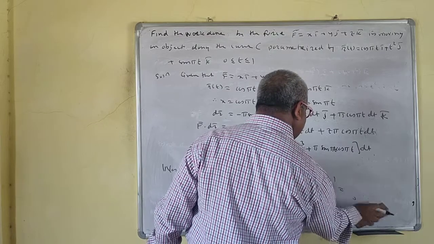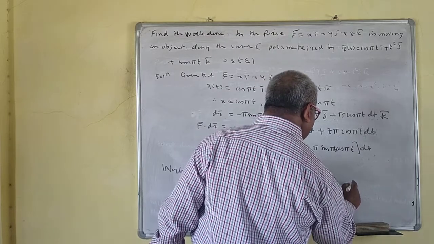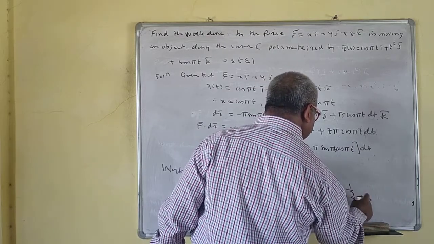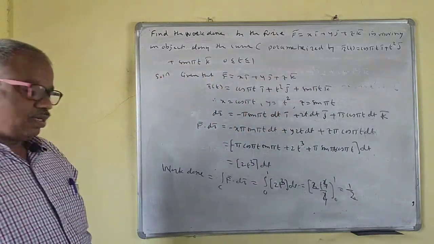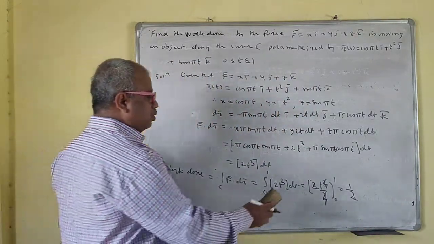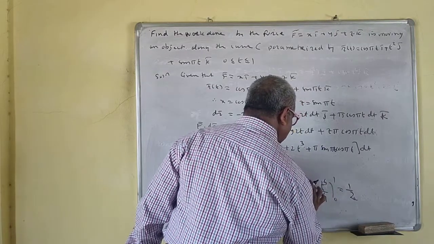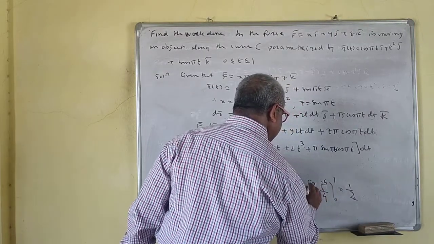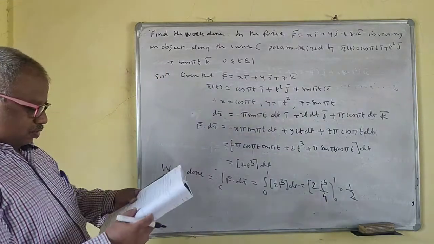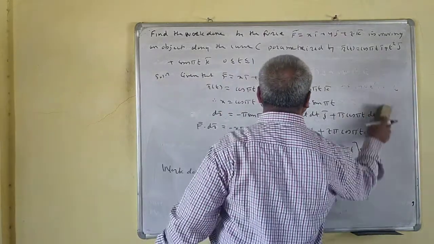So this value will be 1/2, t raised to 4 upon 4, and this is 2 now. So we just solve this.